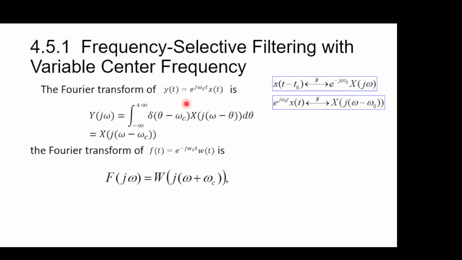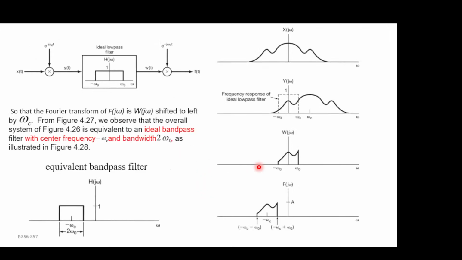Similarly, when you multiply with e to the minus j omega c t, you get a minus sign, so this becomes a plus sign here. Maybe it's easier to see in a picture. You start with your x of t, which has some look in the frequency domain, and then you multiply with e to the j omega c t.